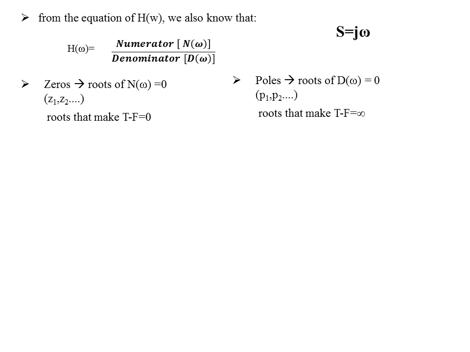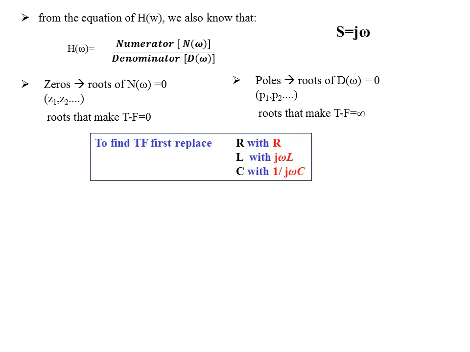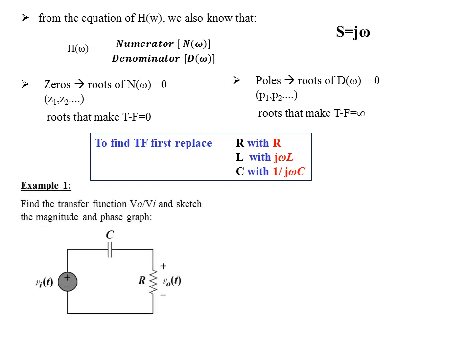And poles are the roots of D(ω) that make the transfer function infinity. To find the transfer function, we need to first replace R with the same R, L inductance with jωL, and C capacitance with 1 over jωC.